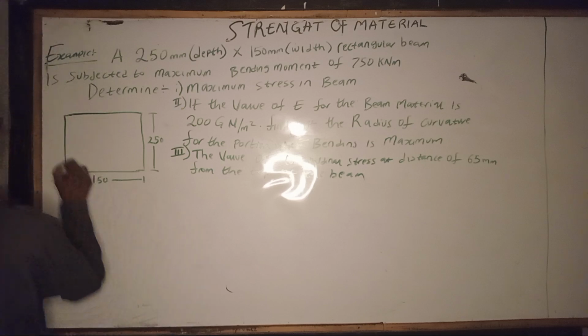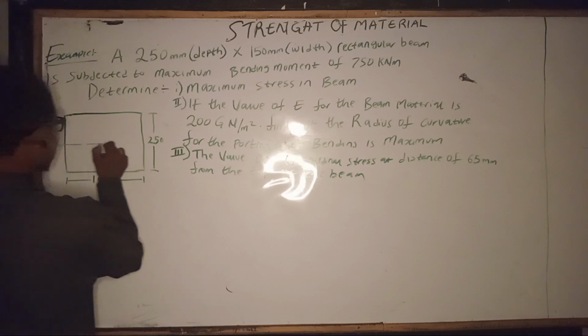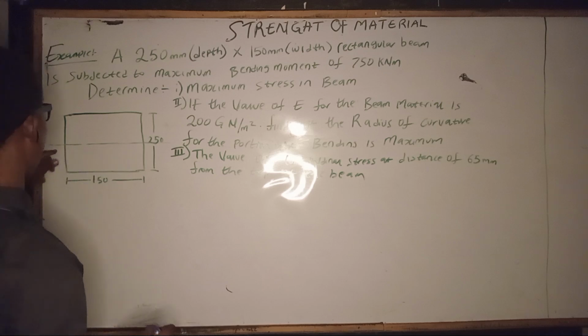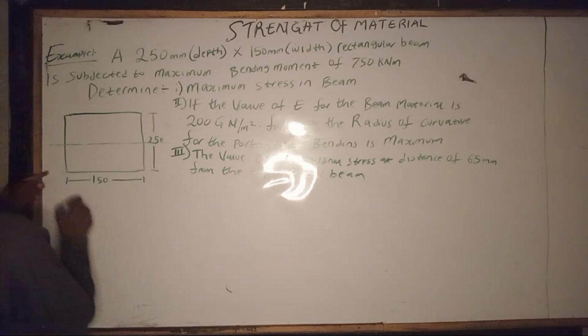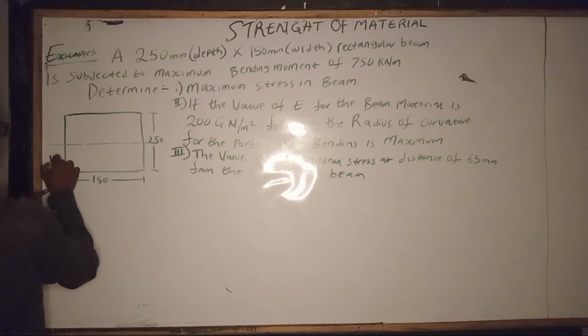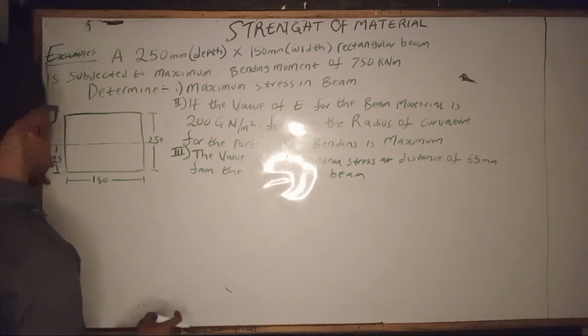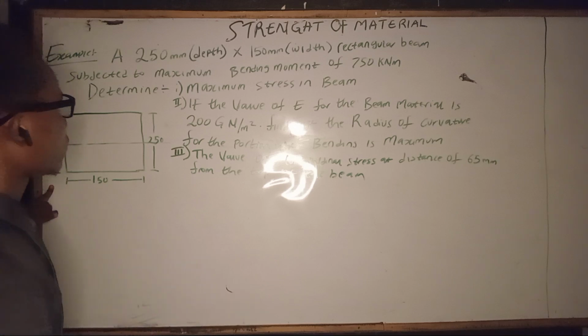So let's draw the centroidal line, the centroidal line that goes through the middle. We can get our y by getting d over 2, which is 125. That is the distance from here to here. That is our centroidal distance y. So that is it for that.